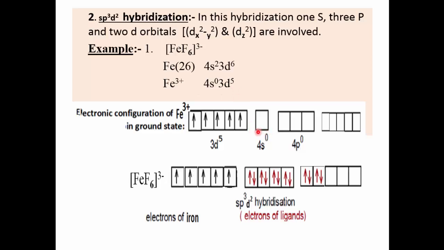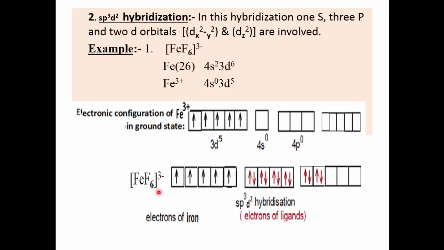So the electronic configuration for the Fe3+ ion is 4s0 3d5. See here, there is no electron in the 4s orbital as well as in 4p, and this is 4d. Now 3d contains 5 electrons, as we have discussed in the Fe3+ ion configuration. In this case, 1s, 3p orbitals of 4p as well as 2d orbitals of the next shell combine together and undergo sp3d2 hybridization, forming 6 hybrid orbitals in which 6 fluoride ions donate 6 electron pairs.